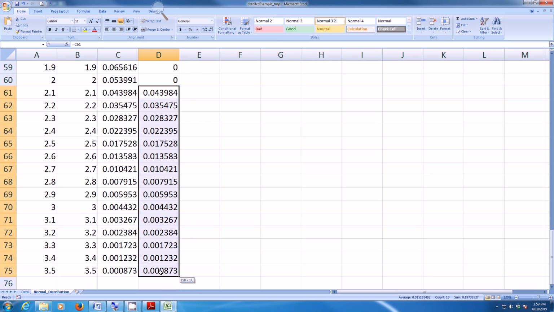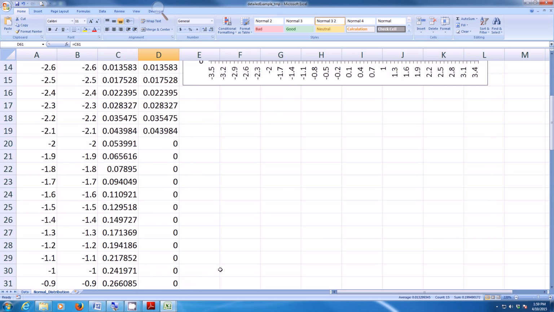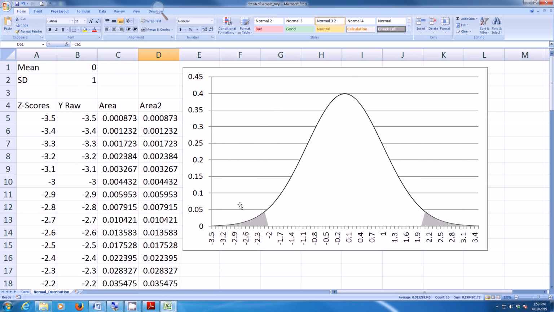And so if we find a t obtained that's either out here or out here, we can reject the null hypothesis. And so remember that our t obtained is about 3.48, which is somewhere out here. And so that's within the rejection region. And that's another way that we could reject this null hypothesis.